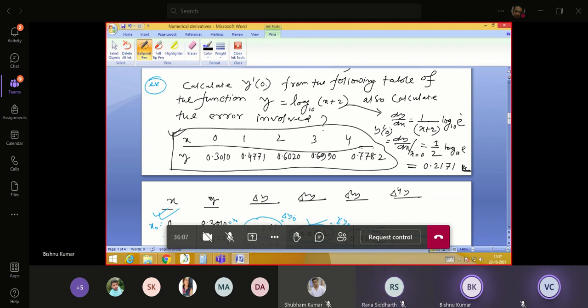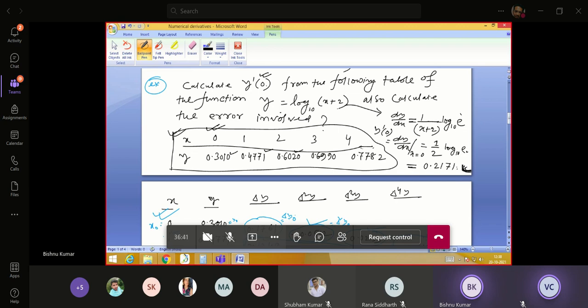Initially I told you what the exact value will be. From the given function, you put the values x0, 1, 2, 3, and 4, which are given, and you get the y values point-wise. With the help of this point-wise information, you calculate the derivative. That will be the numerical derivative, the approximate value. And if you take the derivative of this function mathematically and directly, that will be the analytical or exact answer.